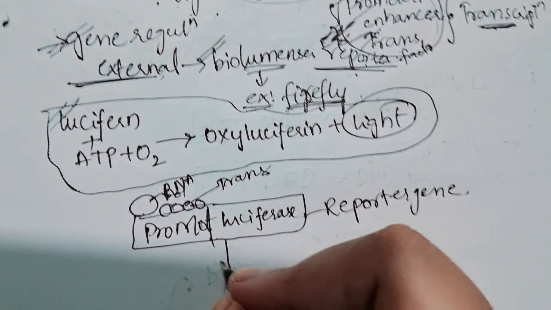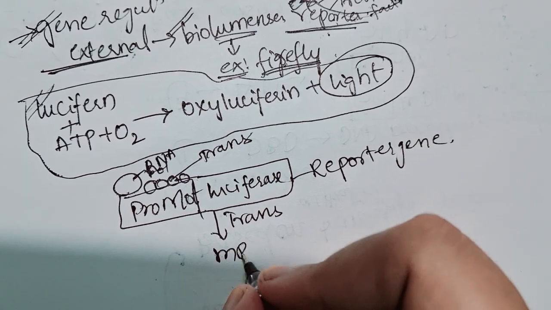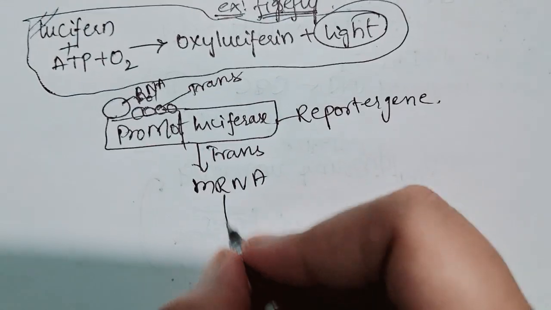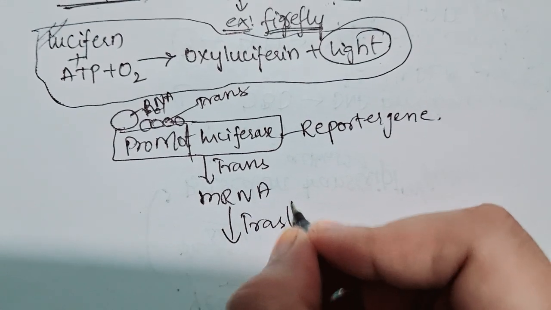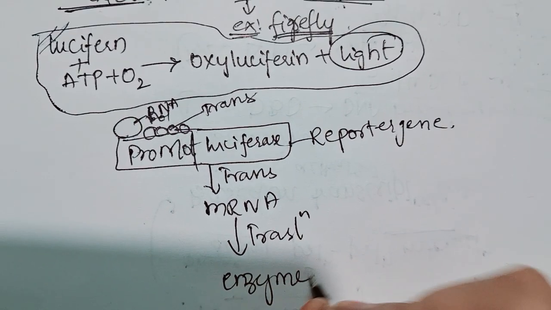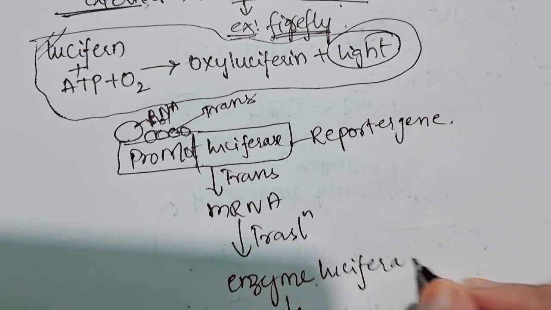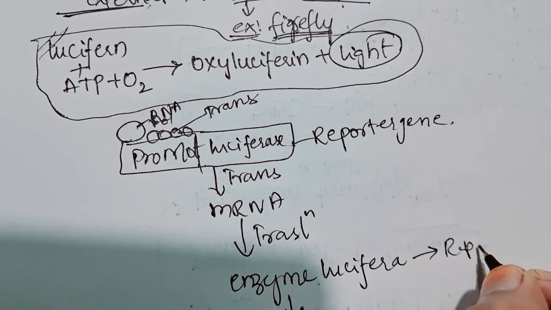Upon transcription it will produce mRNA, and upon translation it will produce the enzyme, the luciferase enzyme. We call it the reporter protein.